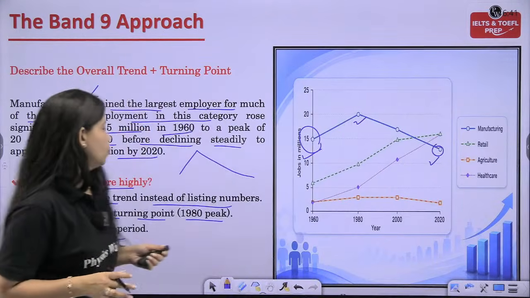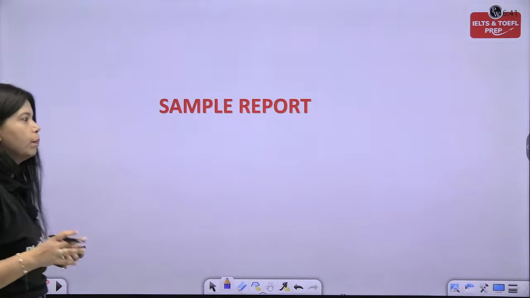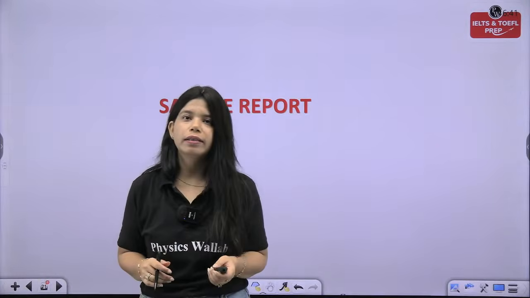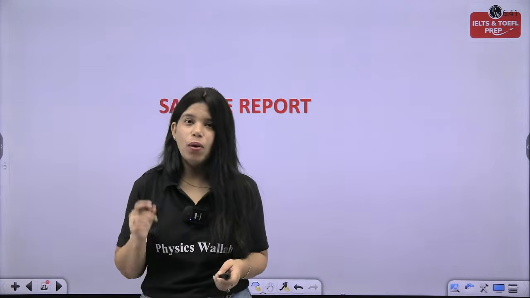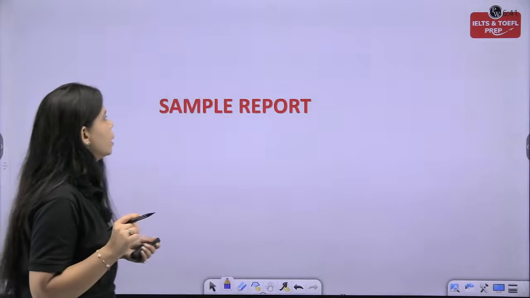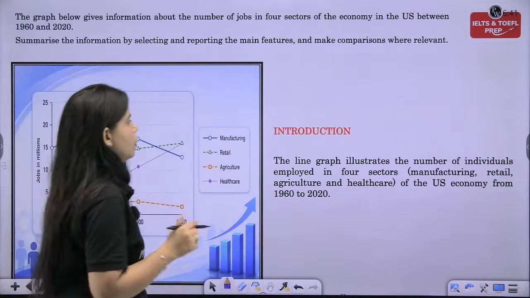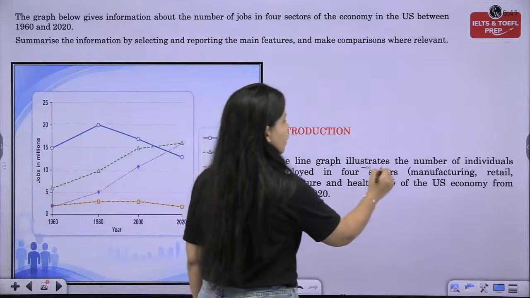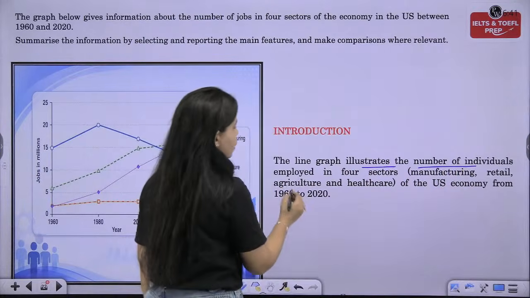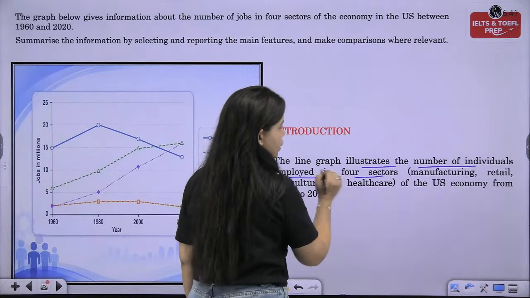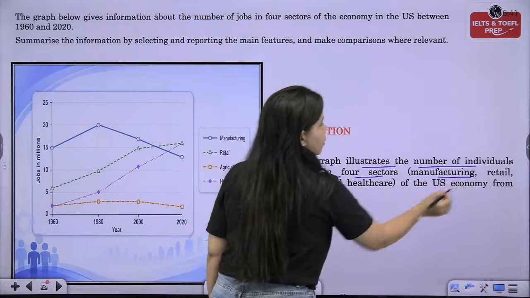Okay, now moving on, let's take a look at the sample report that I've written for you guys, a high band sample report on this graph. And let's start with the introduction paragraph. So now I'm saying the line graph illustrates the number of individuals employed in 4 sectors. What are they?